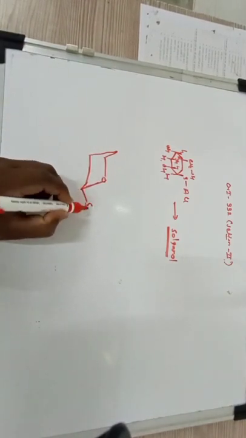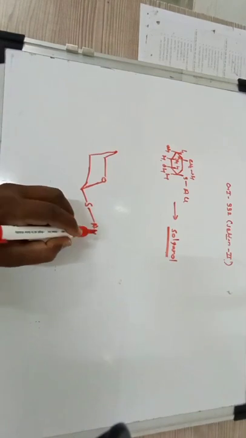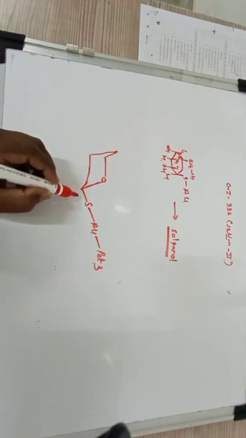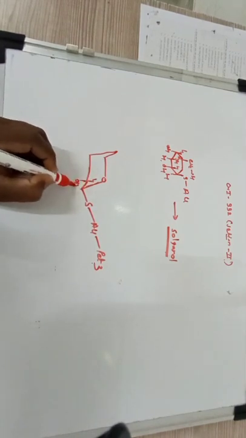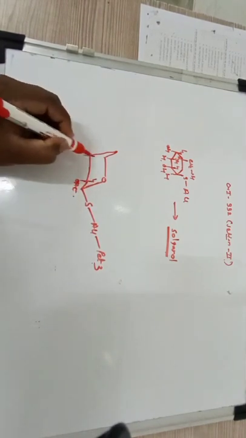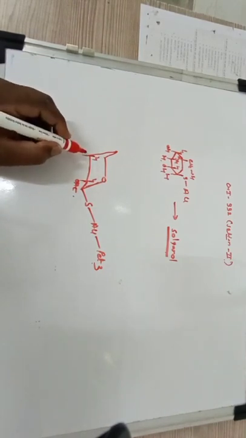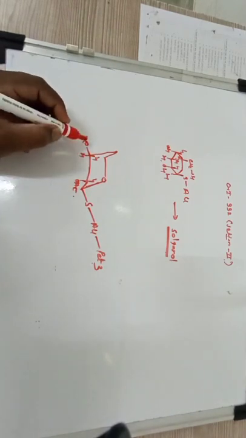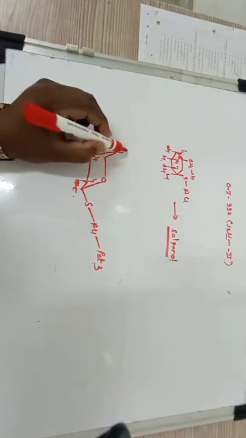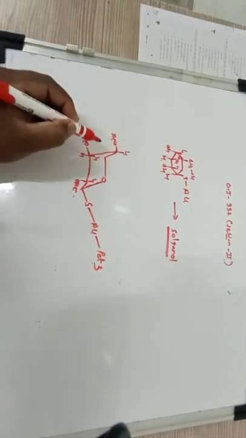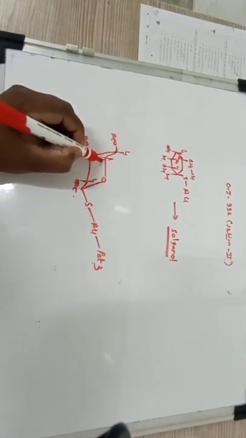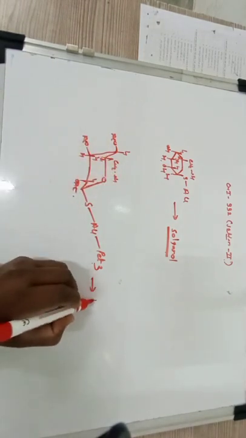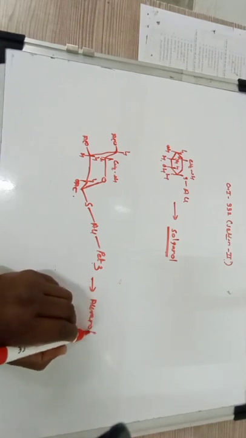So sulfur is attached to Au, and then it is attached to PEt3, and the remaining is the same. OAc is there, again here OAc is there, again here also OAc is there, and this is your CH2OH. So we are very much familiar with this. This is your auranofin.